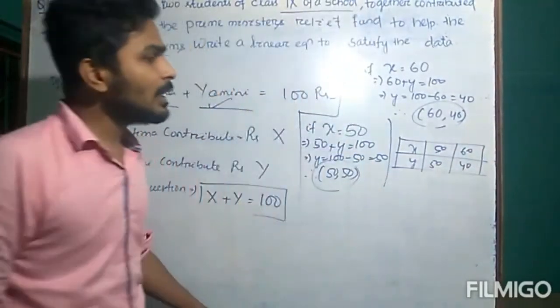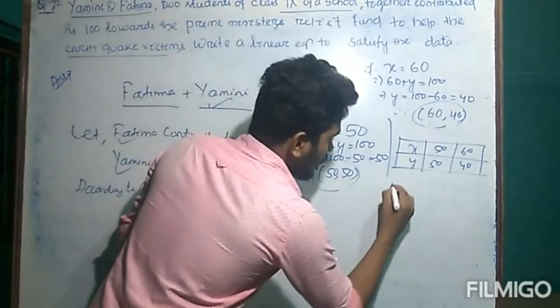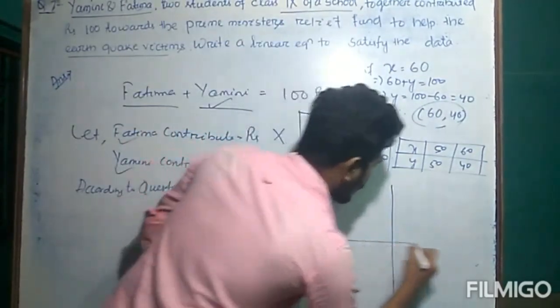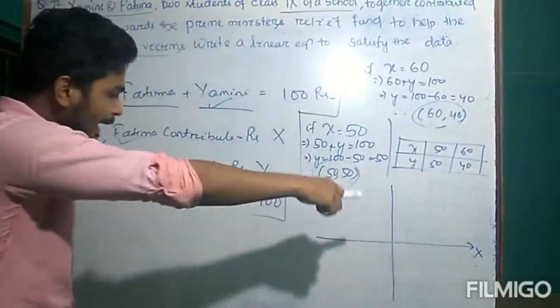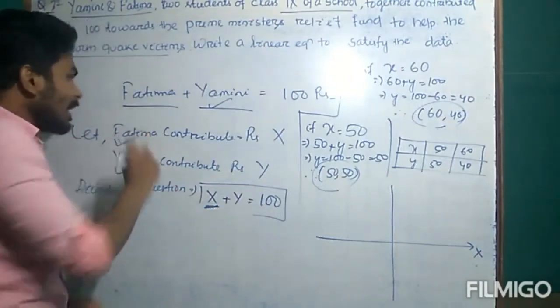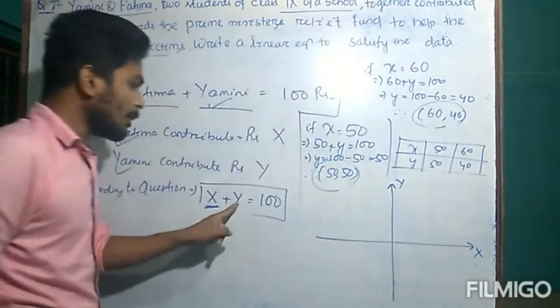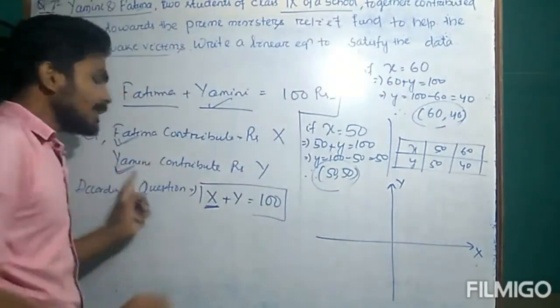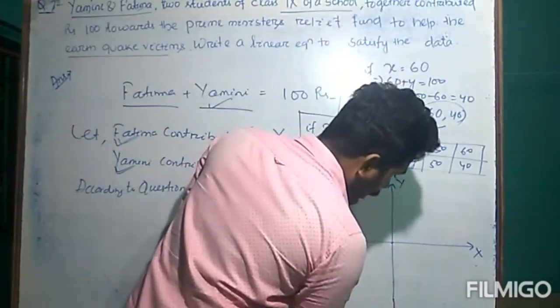Now we have to represent those 2 points on the Cartesian coordinate system. So this is the x-axis. The x-axis denotes the amount of rupees contributed by Fatima, and the y-axis denotes the amount of money contributed by Yamini. Now we have to mark the points.